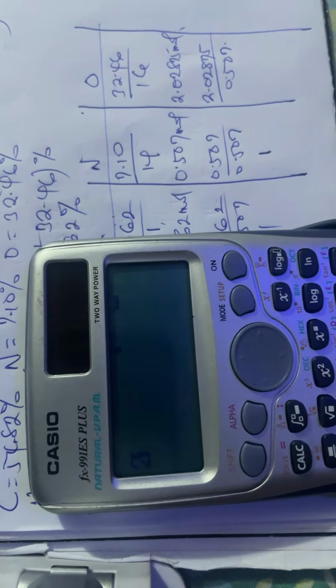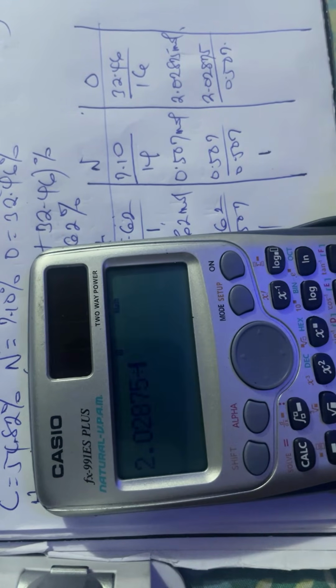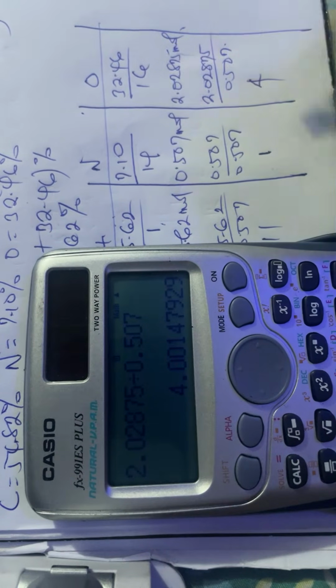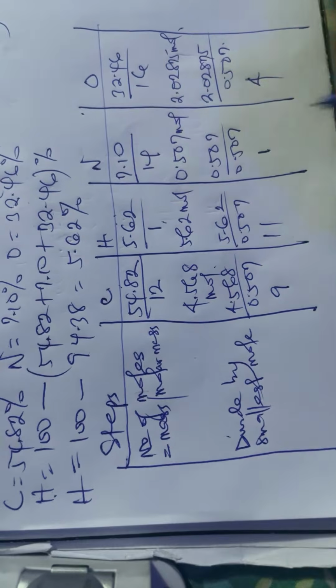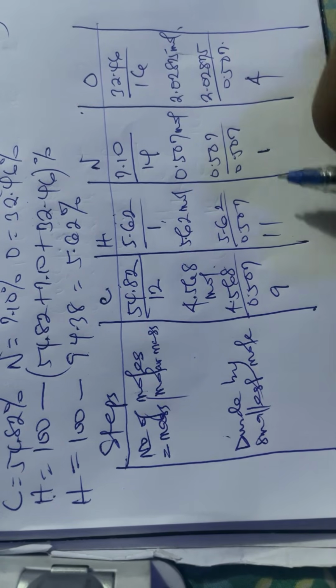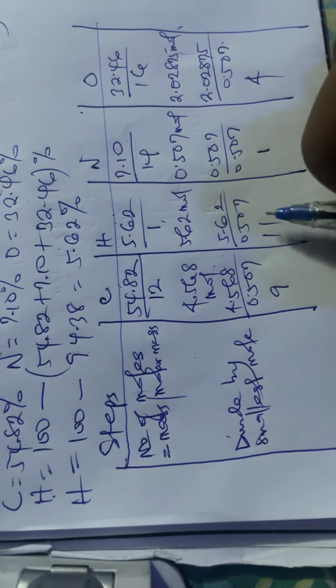Then the last one, we have 2.02875 divided by 0.507. This will give us 4.00, that is 4. So from these whole number ratios, remember I told you that the simplest whole number ratio is what gives us the empirical formula of a compound.